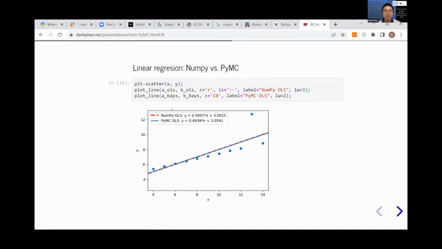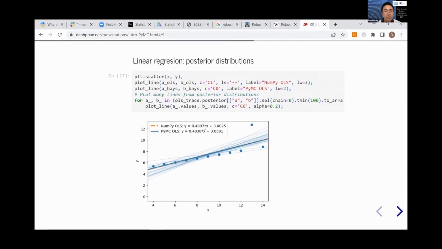So what is the difference? Why do we need to use PyMC or the Bayesian approach? Because we can have a whole distribution of the parameters A and B. The parameter we show here is actually the mean value, but in reality it is a distribution. So here are all the lines that we have for different values of A and B in Bayesian inference, and you can see that it is also affected by the outlier, right?